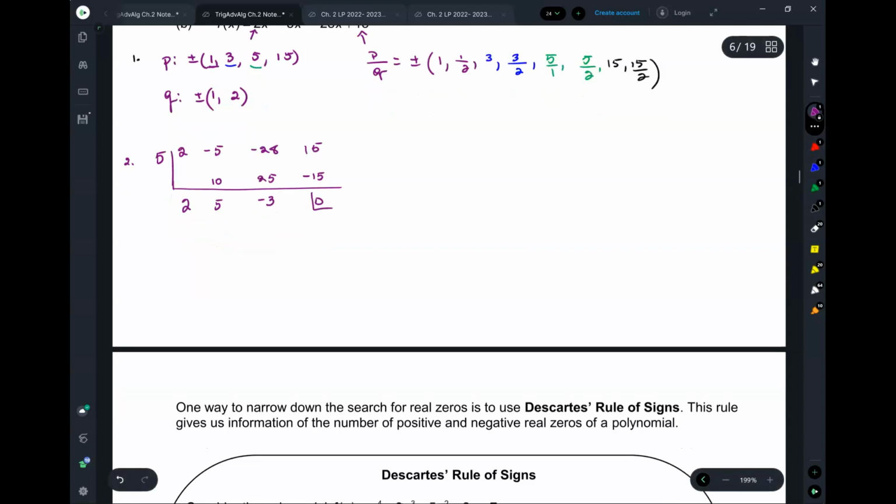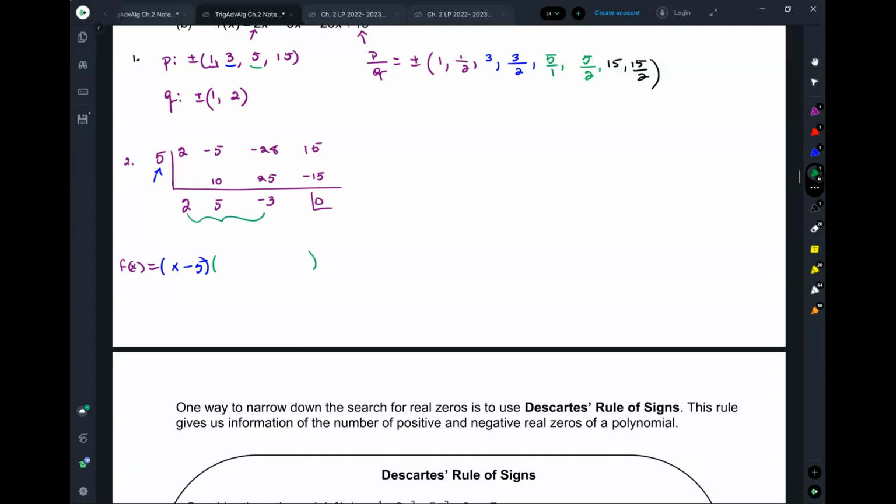So now let's write the function. F of x is, what's the first term? X minus that number up there. So what will it be? X minus this number, just x minus 5. Then, can someone tell me the polynomial from here?